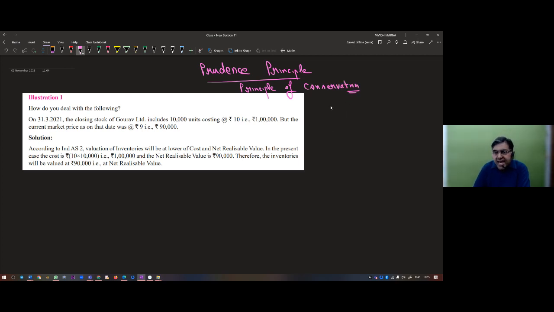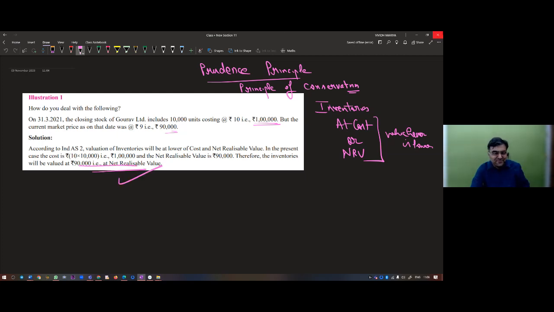You will carry the inventories at cost or NRV, whichever is lower. So either 1 lakh or 90,000. So the answer is 90,000. The first question is done.